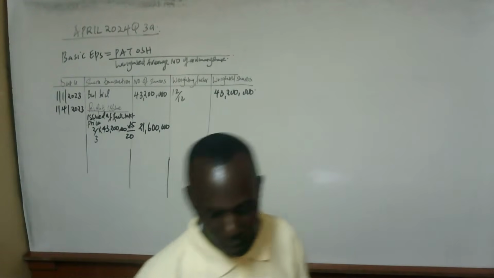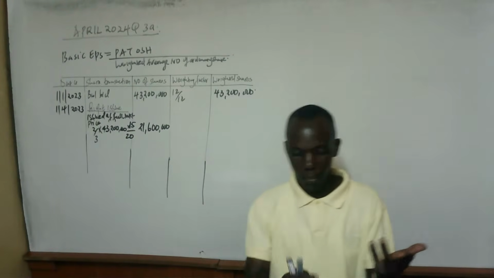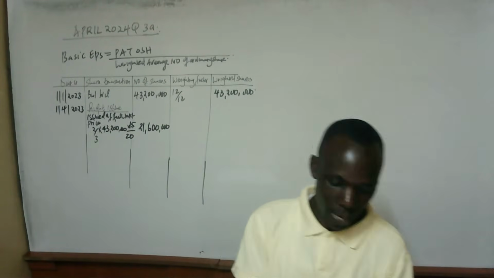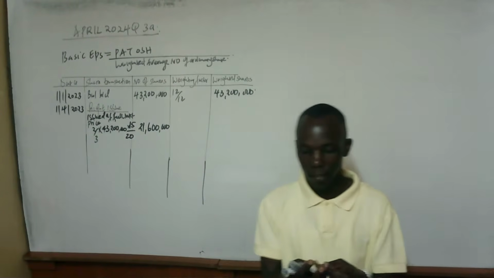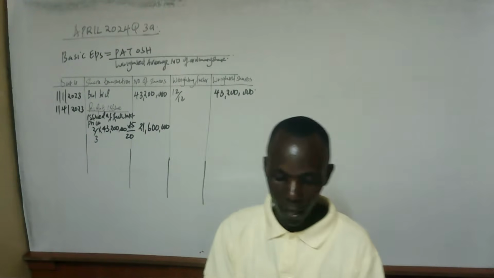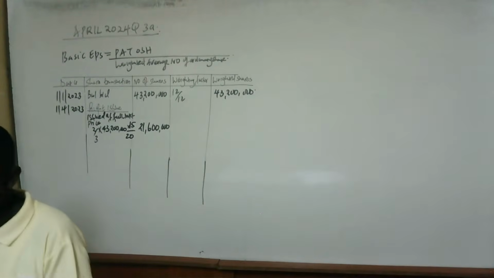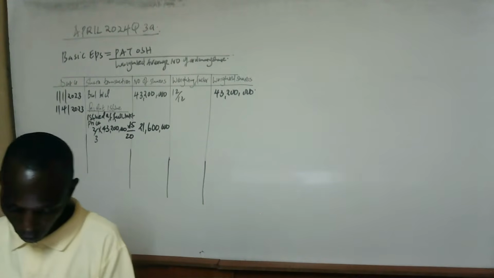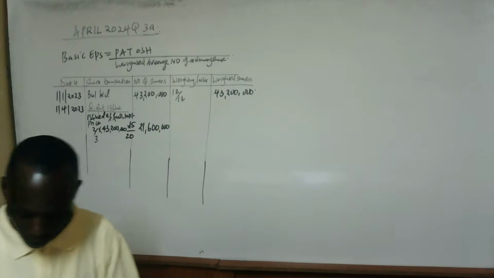How many months are remaining? You can even count using the fingers. We say April, May, June, July, August, September, October, November, December. So our financial year is ending on that 1st December.